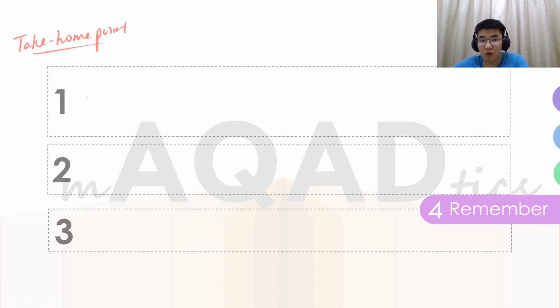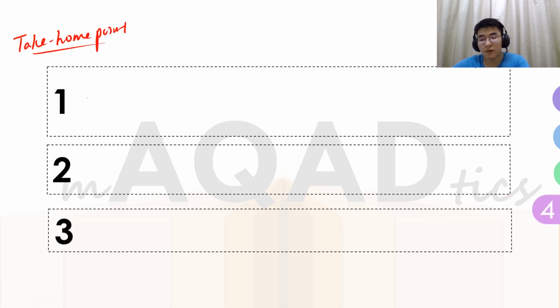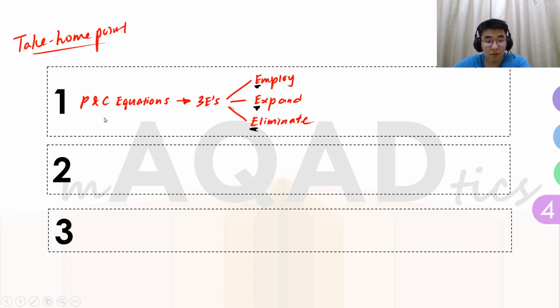Alright, so here are the take home points for this video. The first thing is that for these permutation and combination equations, we can use this 3E's method: employ, expand, and eliminate. The first, employ, means we use the formulas we have learned in this chapter and apply them to our equation to further simplify.